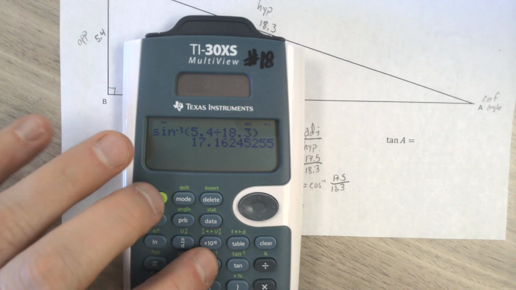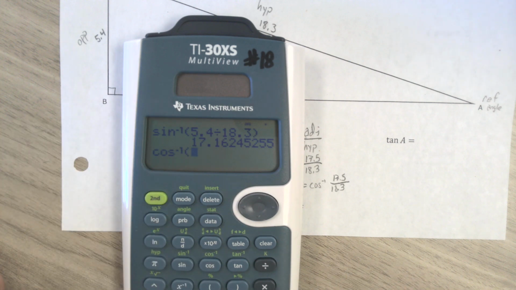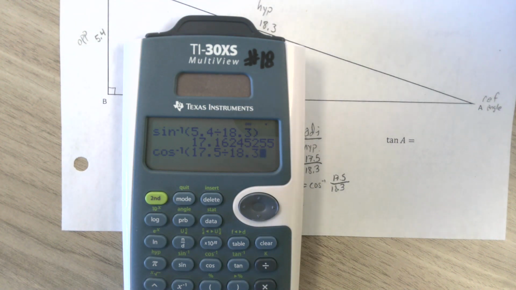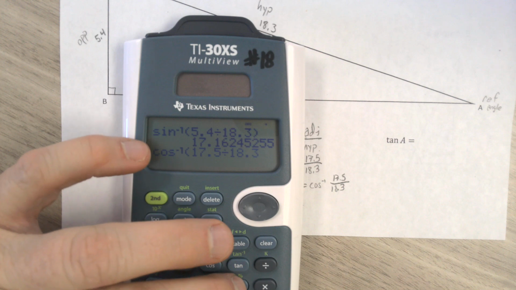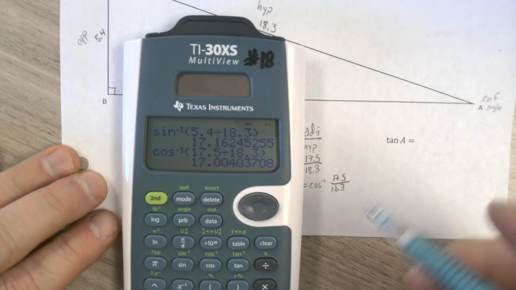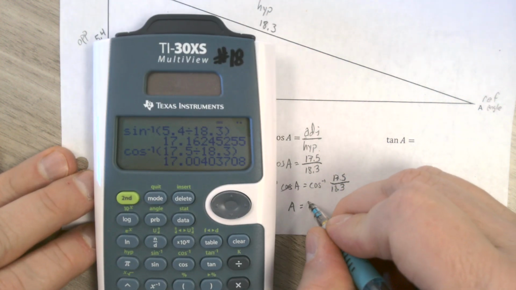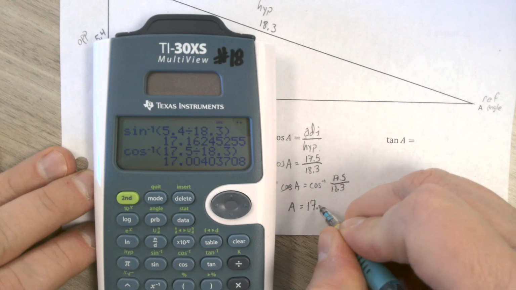So let's do inverse cosine of 17.5 divided by 18.3. And hit enter. And look, that's a 17.0.